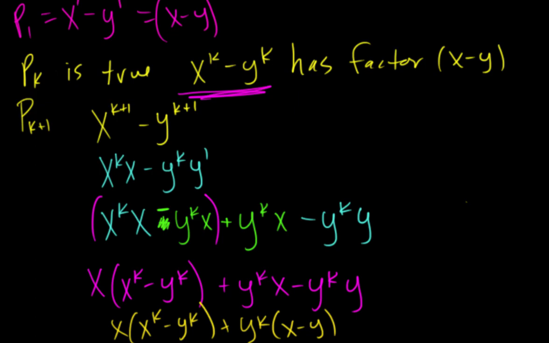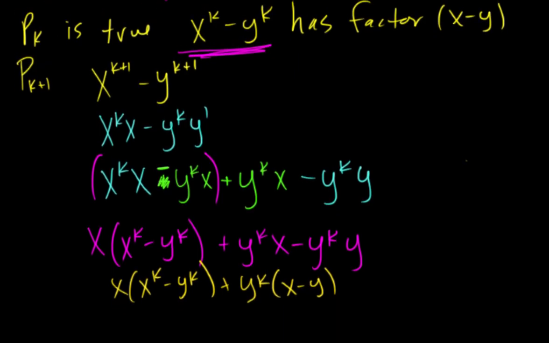Alright, and we have almost proven this. So, since Pk is true, we know that this has this as a factor, and this times x will still be divisible by this, so it's therefore a factor.